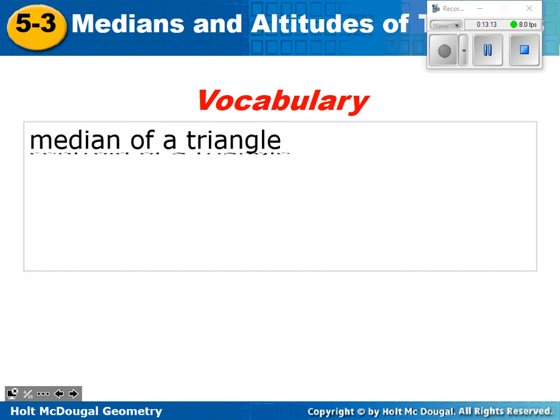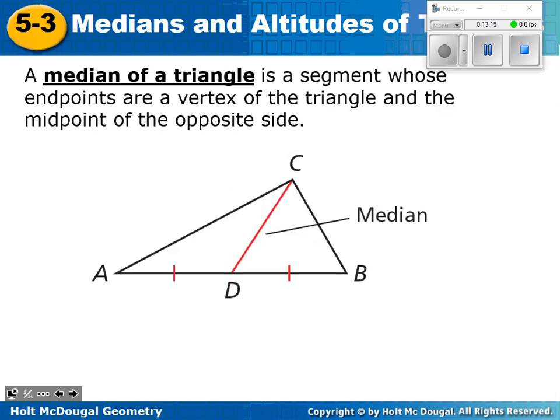So first kind of line is a median. I need to make sure that you're getting clear in your head the difference in the markings. So if I have a triangle here, this is one kind of line we've already talked about. This is another kind of line that we've already talked about.